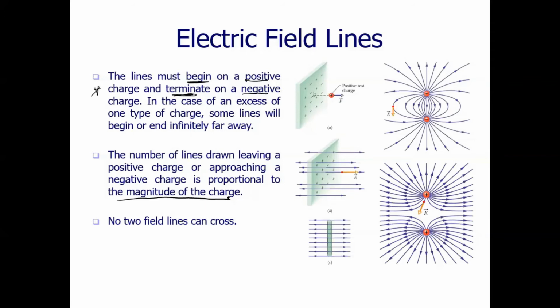If charge 1 is 6 microcoulombs and charge 2 is 20 microcoulombs, then the number of field lines originating from charge 1 will be less than from charge 2, because the number of lines is proportional to the magnitude.